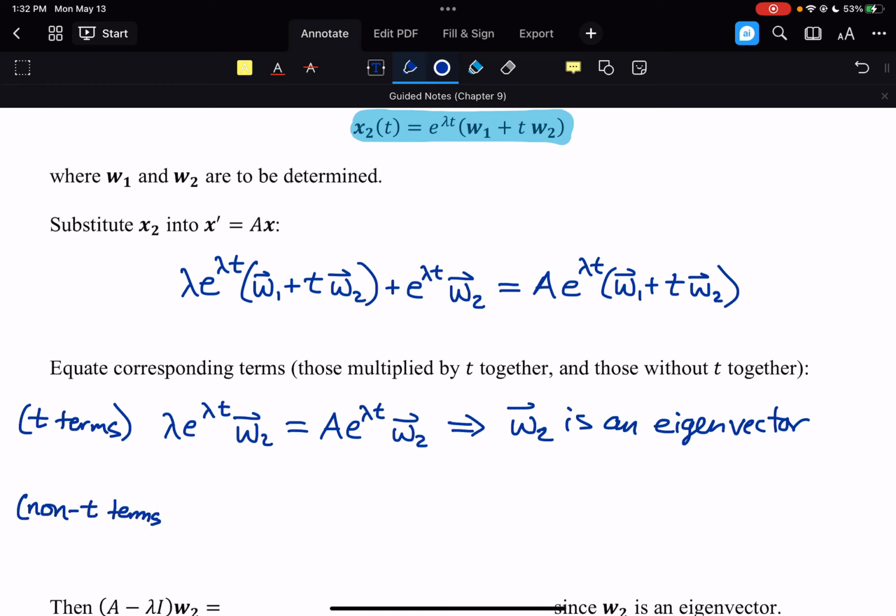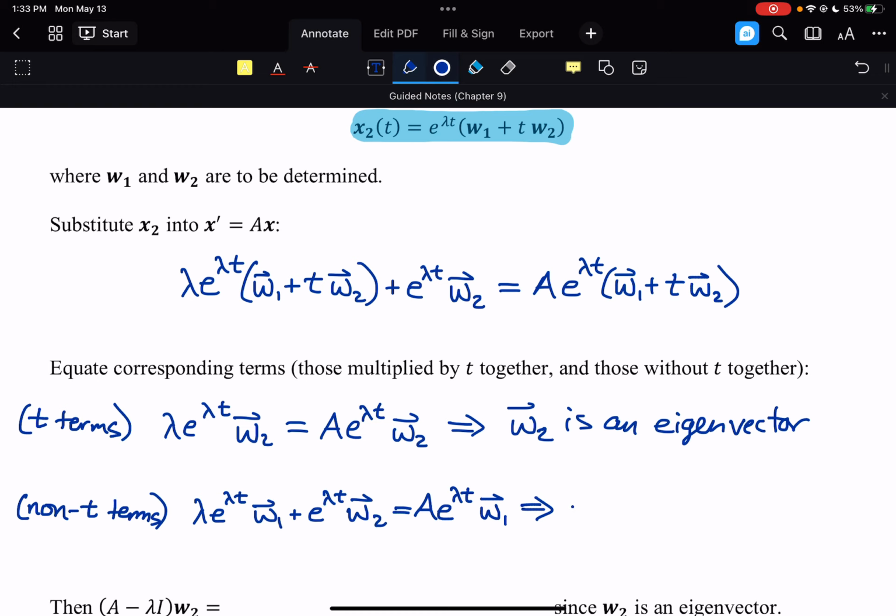Now let's look at the non-t terms. That's going to be lambda e to the lambda t times w1 plus e to the lambda t times w2. So that's this one and this one. And on this side, that's just this: A e to the lambda t times w1. We can get rid of e to the lambda t in all terms.